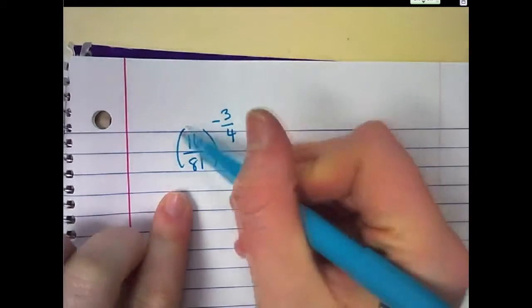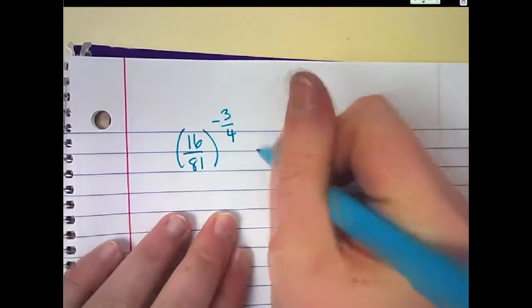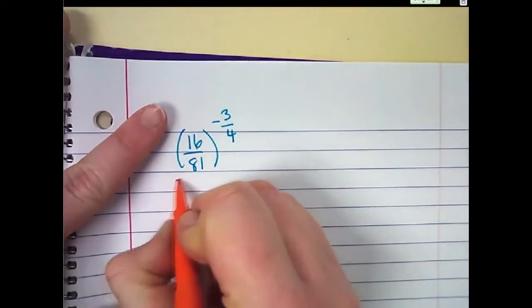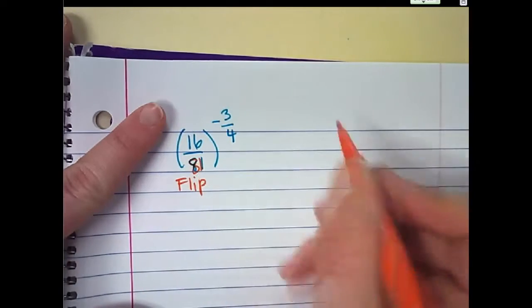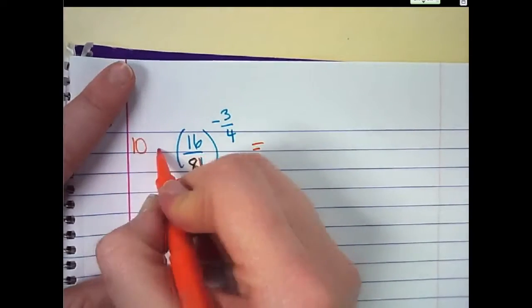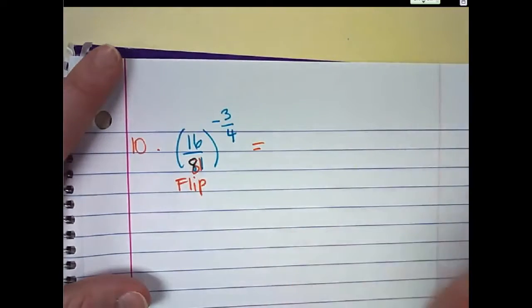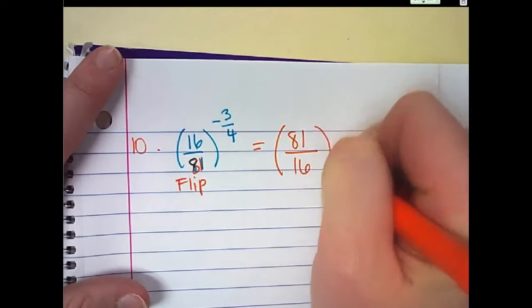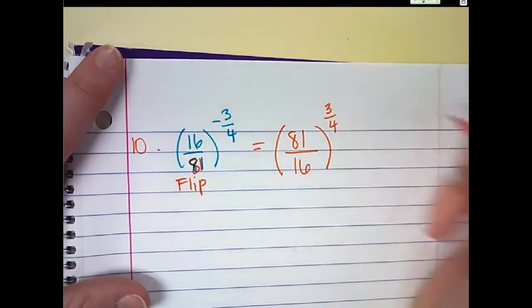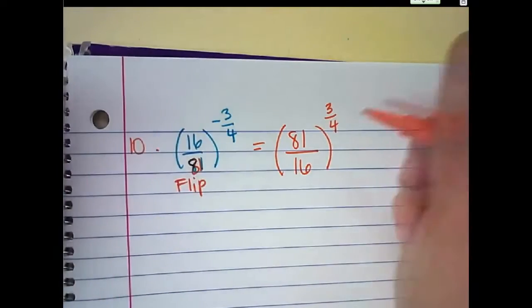So what do I do with this fraction inside? You flip it, good. So I'm going to flip the inside, so it becomes 81 over 16, and then this stays positive 3/4. Don't flip the exponent, I've seen people do that too.